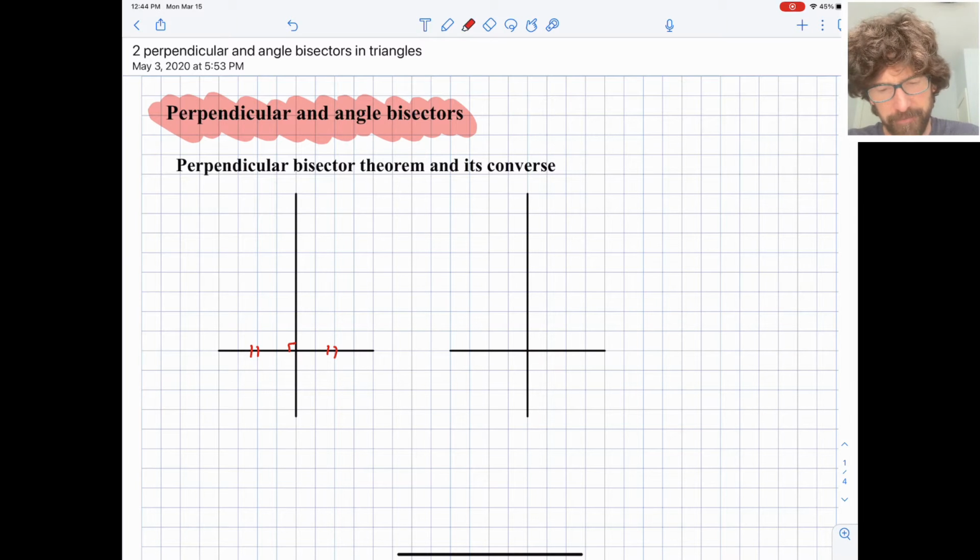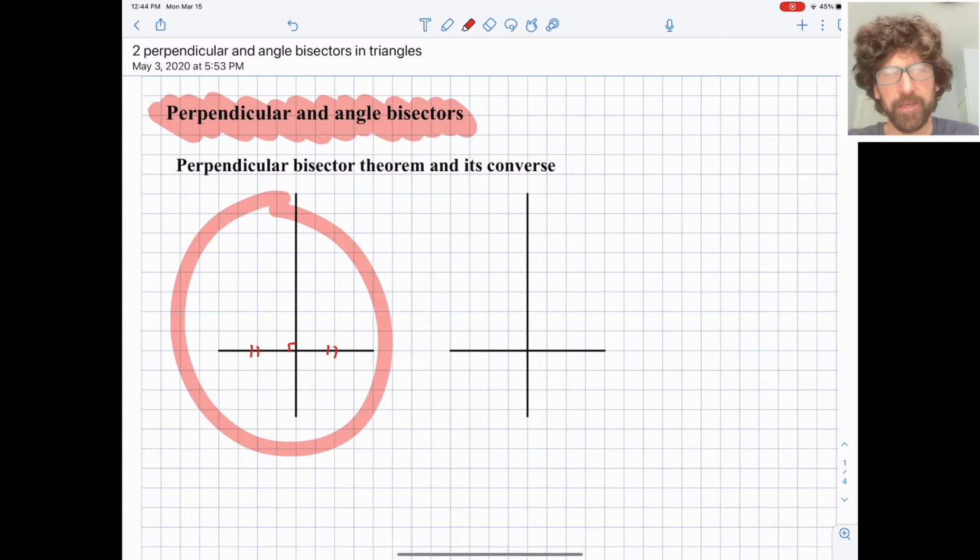So if we happen to have a perpendicular bisector, that's what we're given, okay? The vertical line on your screen is the perpendicular bisector of line segment AB.